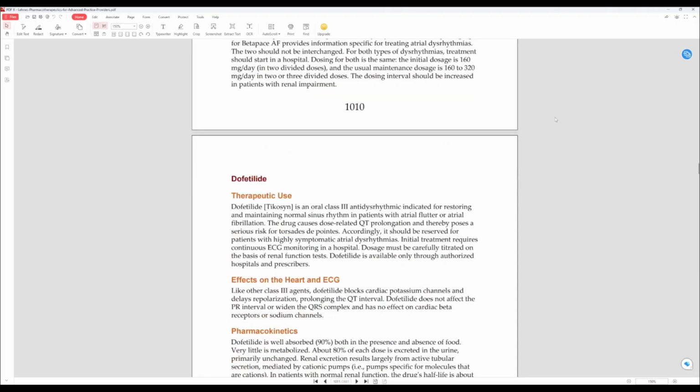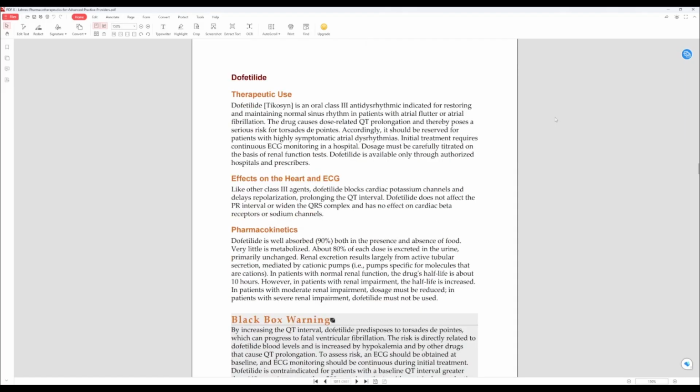So that brings us to dofetilide, also known as Tikosyn. Tikosyn is an oral class 3 antidysrhythmic indicated for restoring and maintaining normal sinus rhythm in patients with atrial flutter or AFib. The drug causes dose-related QT prolongation and therefore poses a serious risk for Torsades de Pointes.